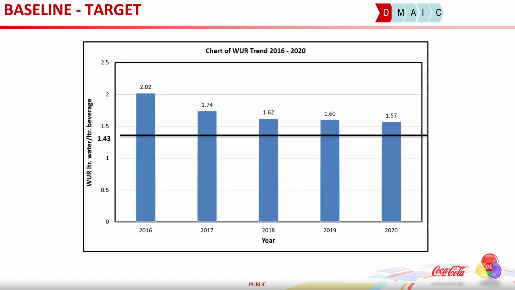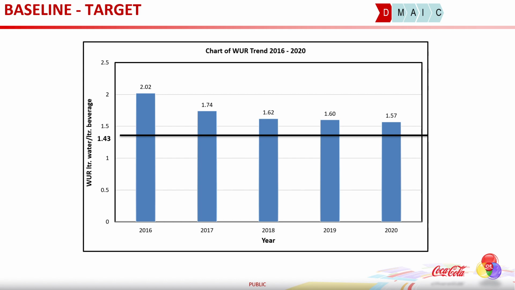So this shows us an improved trend, but the baseline for this target and KPI was 1.43. So you can see all these years we are lagging from our target. In the starting years the difference is high, but it's reducing, but still it's greater than the target absolute number.